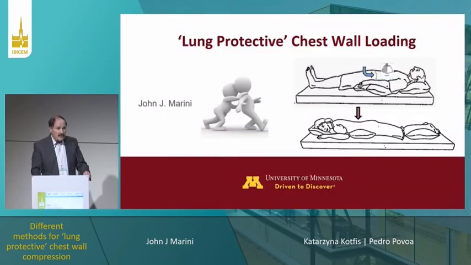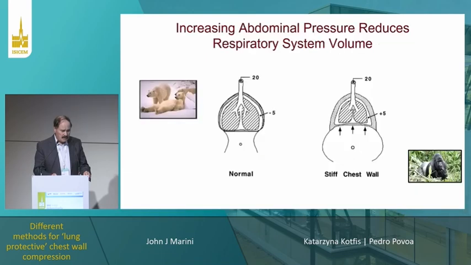And what I'd like to try to tell you in as short a time as possible is, can we replicate the advantages we've heard about in prone positioning with chest wall compression? Now, I think we understand that increasing abdominal pressure, however we do it, will reduce the respiratory system volume.